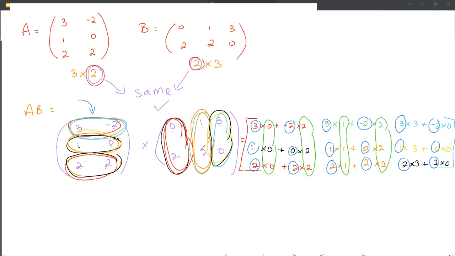So if you look at it, 0, 2 for the first column, 1, 2 for the second column, 3, 0 for your third column. And then you just simplify each.